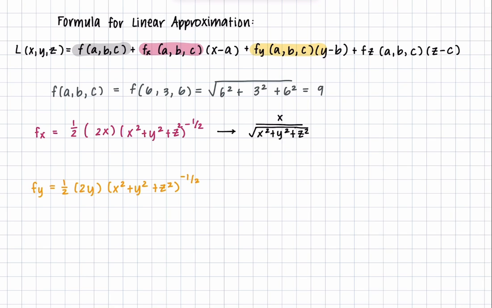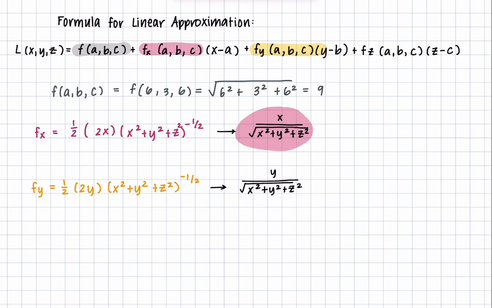And that comes out to be y over the square root of x squared plus y squared plus z squared. And that's our partial derivative with respect to y.